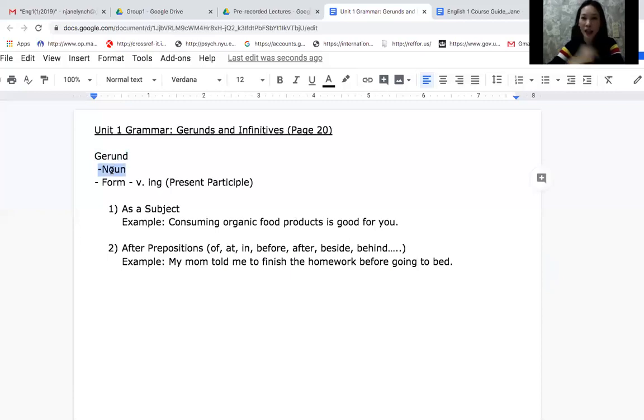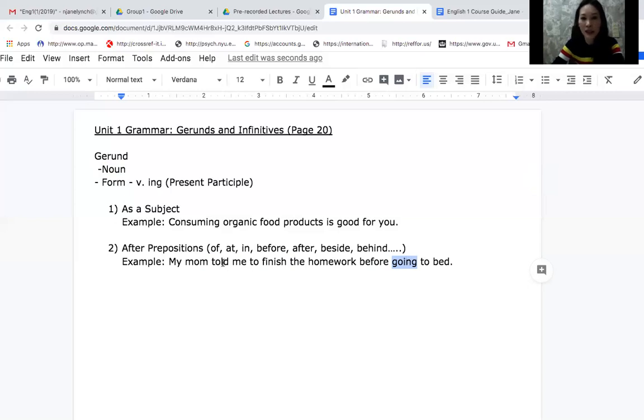Because we change a verb into a noun by adding ing. And when we change a verb by adding ing, then we call it gerund. Then we have to change the name because this is not a verb anymore. If we ask what is the part of speech of this going, you cannot say it's a verb. What is the verb in this sentence?